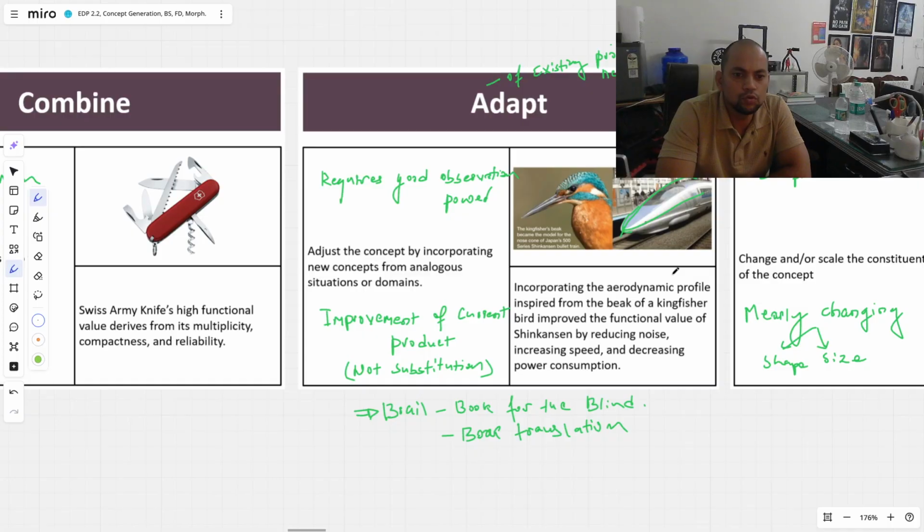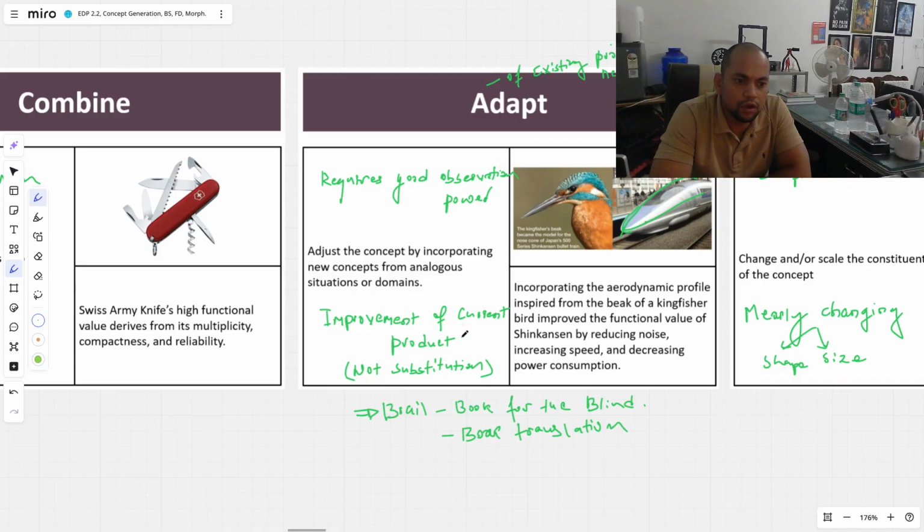So what we try to do is derive ideas from other domains, see how others have solved the problem in other domains, and incorporate that idea in our current product. That is, use that idea to solve our problem.